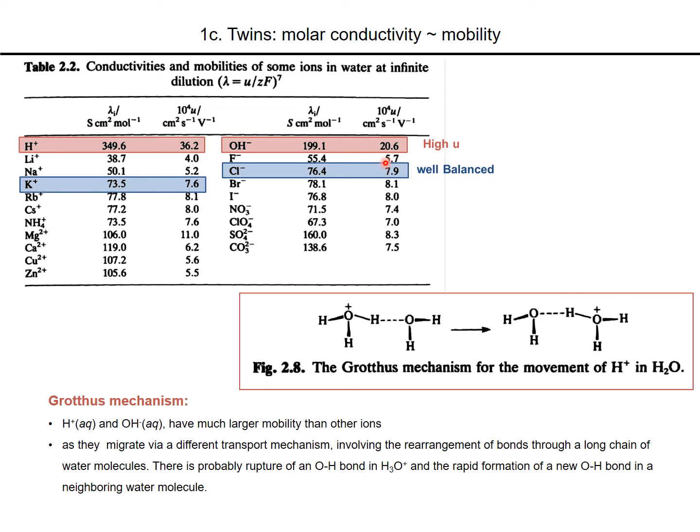This is explained by the Grotthuss mechanism. Again, aqueous proton and aqueous OH minus have much larger mobility than other ions, as they migrate via different transport mechanisms. That is the Grotthuss mechanism.